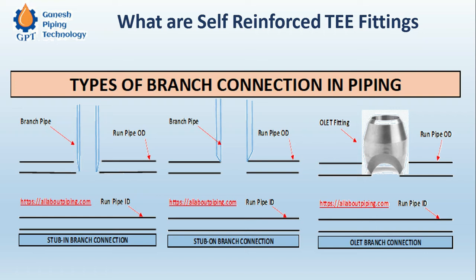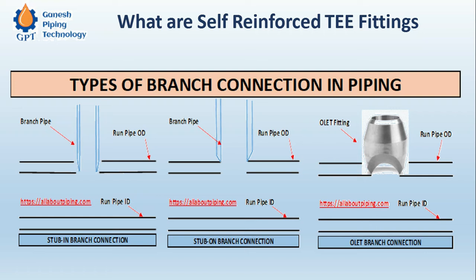So in that case, we have to have some alternative fittings or an alternative for making the T connection. So we have two alternatives for that. One is called the stub connection, stub-in T, and the other one is the OLEDs.